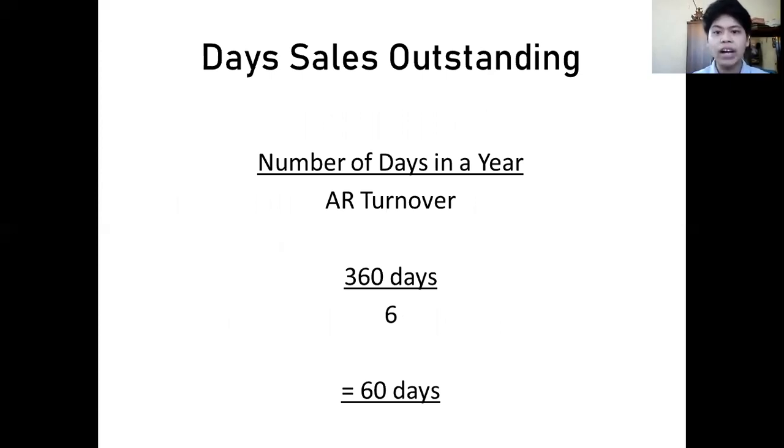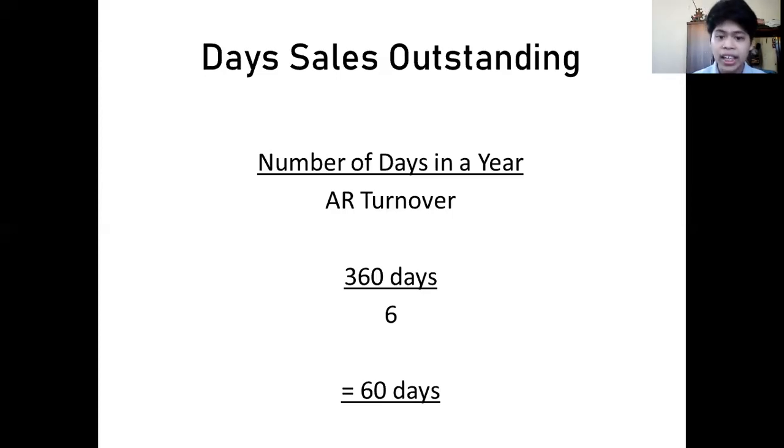For days sales outstanding, what is preferable? Ano yung mas preferable? Di ba mas preferable na mas madali for us to collect the accounts receivable? Kasi remember, yung 60 days na to, ito yung day from the credit sale hanggang sa collection. So yung collection, ibig sabihin, the time na na-receive na natin yung cash.